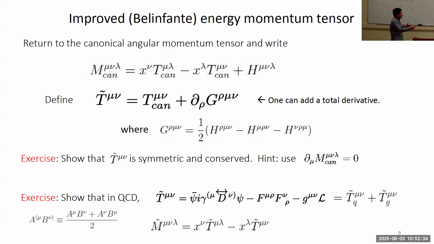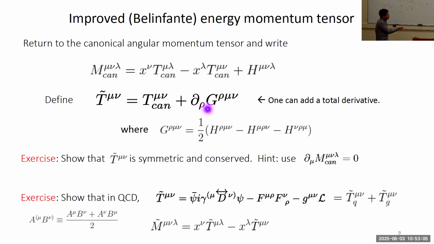However, there is a clever trick: you can always improve this by adding something sometimes called the superpotential. So basically you add to the canonical energy momentum tensor the total derivative of something. And you can always do that because when you consider the total energy and total momentum, this total derivative term always vanishes when you integrate over space. Right?